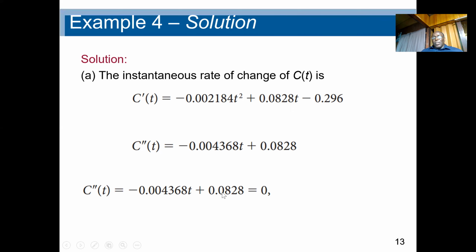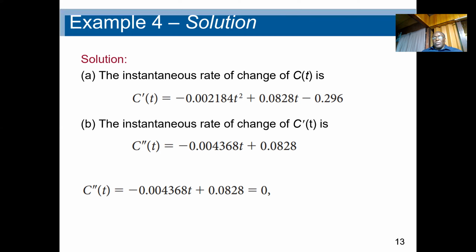So that's the first. A is the instantaneous rate of change of c at t, and the second derivative is the rate of change of that derivative. Then to find the t value, we equate it to 0.